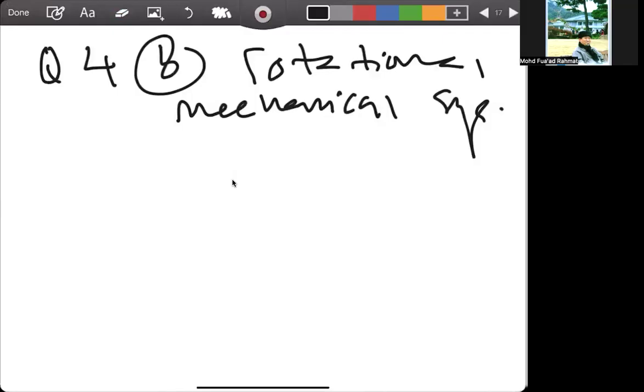So for this system, it's similar to the mechanical translational system.